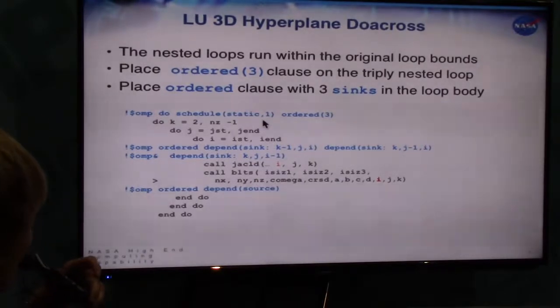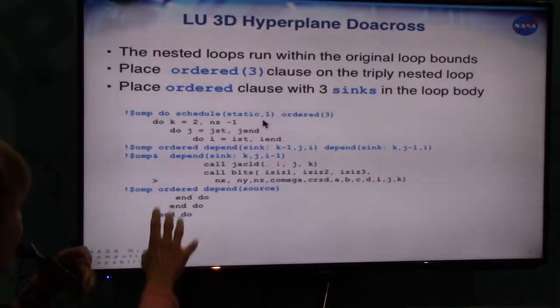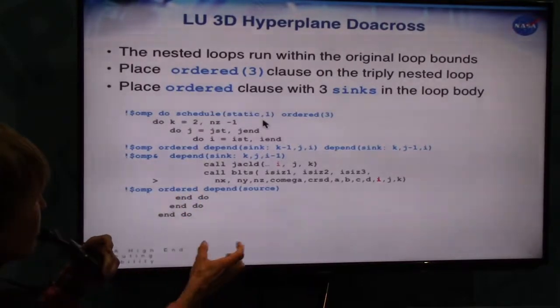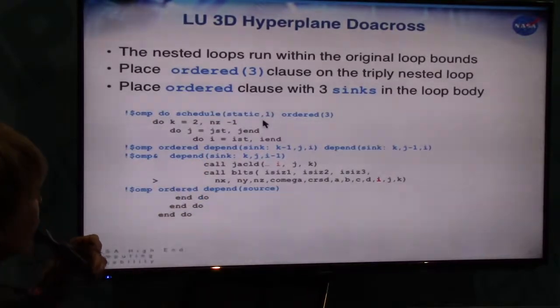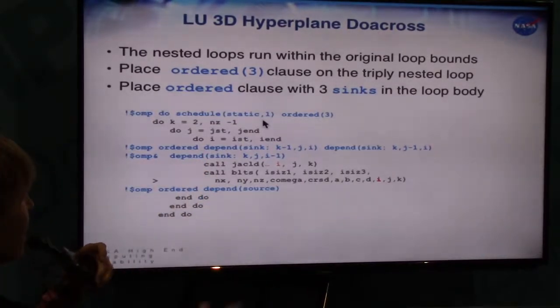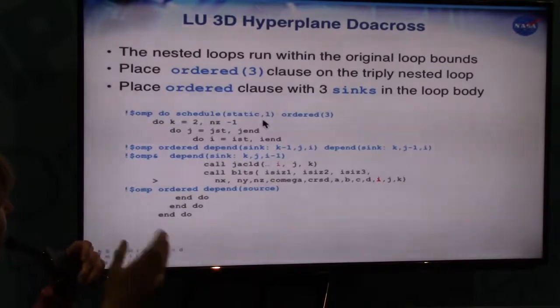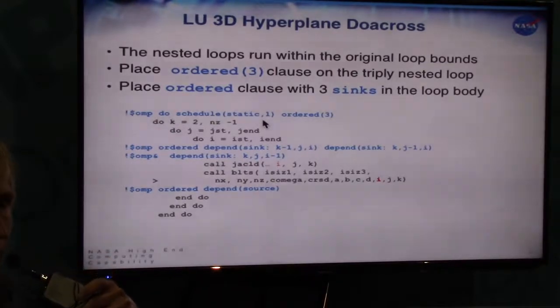So anyhow, this is how exploiting parallelism in 3 dimensions would look with the Doacross support. Again, nice and clean. All we have to do is specify an order of 3, and we have 3 sinks in all spatial dimensions.